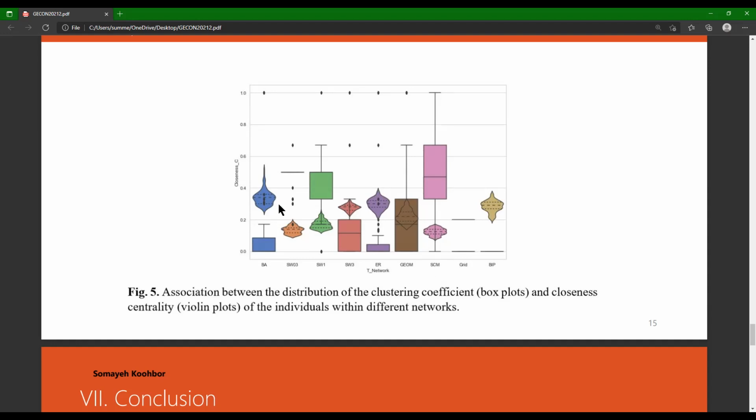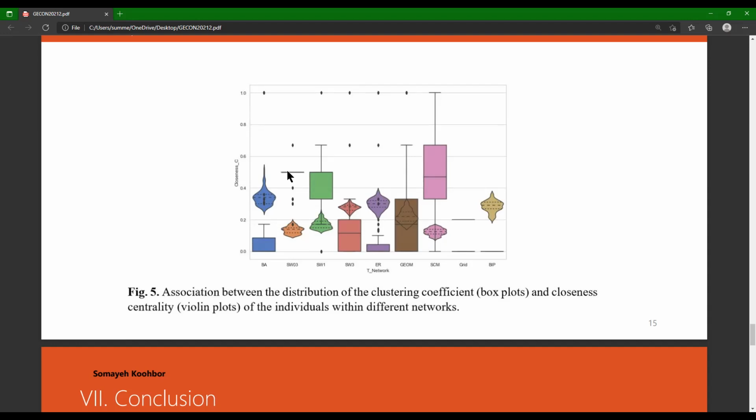And we identified that, in terms of closeness centrality, the eccentricity distribution shows that there is a very long distance between the nodes in the network. But what is special is that when we compare these two networks, in the box plot of the clustering coefficient for SCM, we see a wider range of clustering values compared to the small world network, where the range is almost fixed.